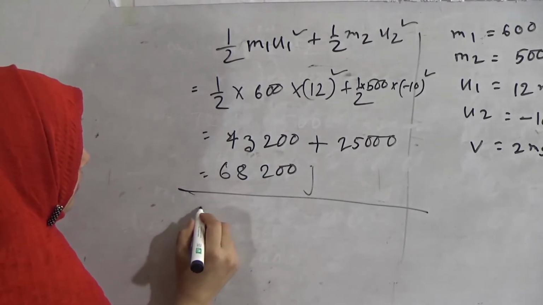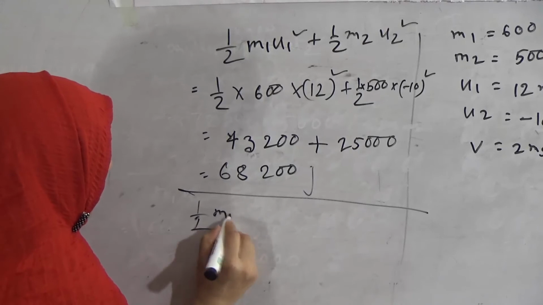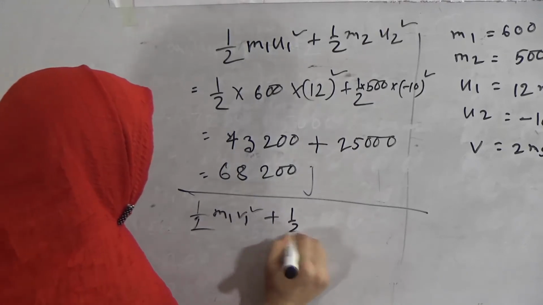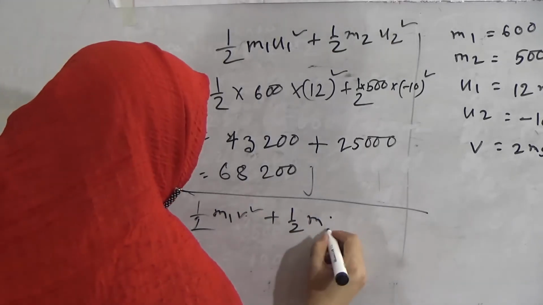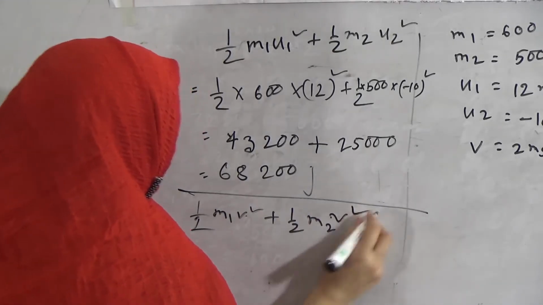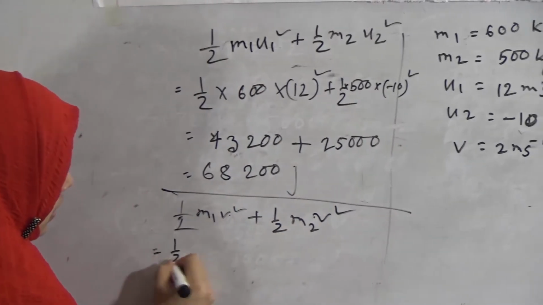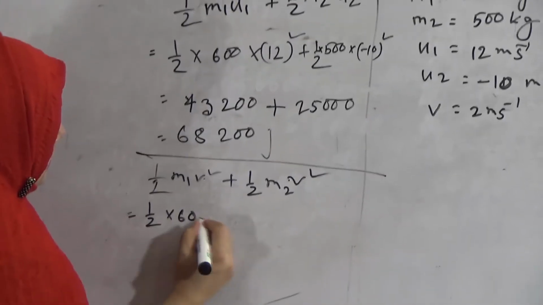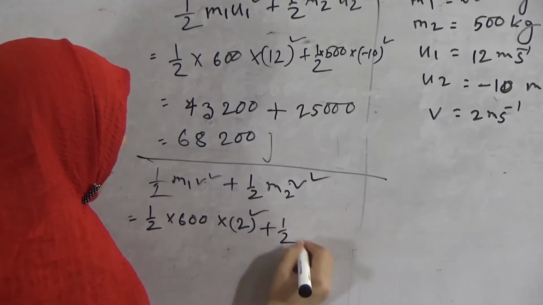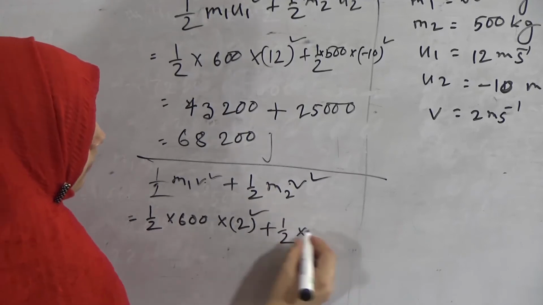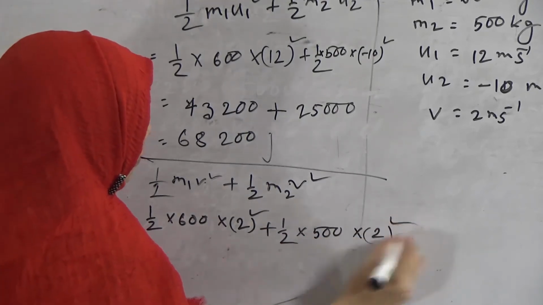So what is the formula? The formula is half m1 v square plus half m2 v square, because this is the combined velocity. So half into m1 is 600 into v is 2 square, plus half into m2 is 500 into v is 2 whole square.